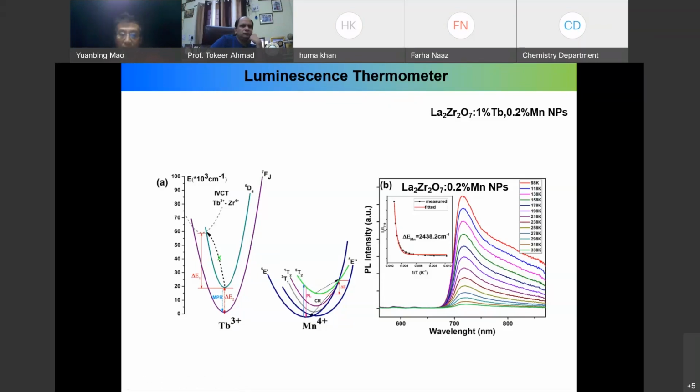That's why the transition is so temperature sensitive. So that gave us another example in terms of the luminescence thermometer.